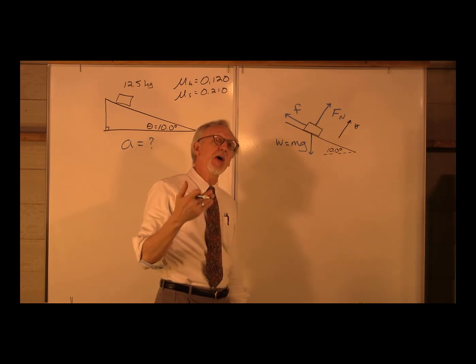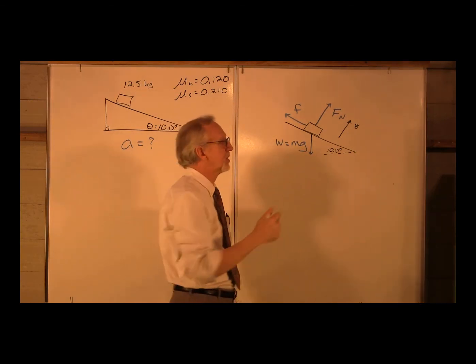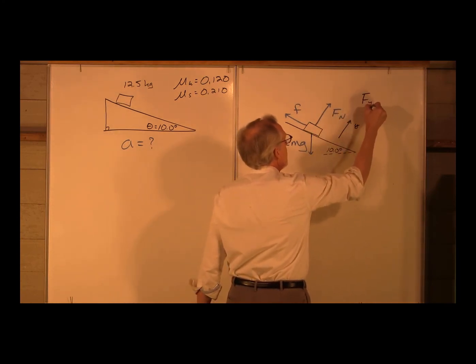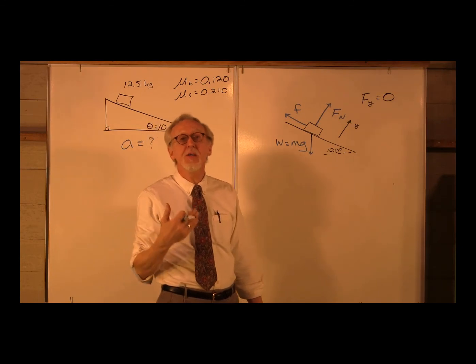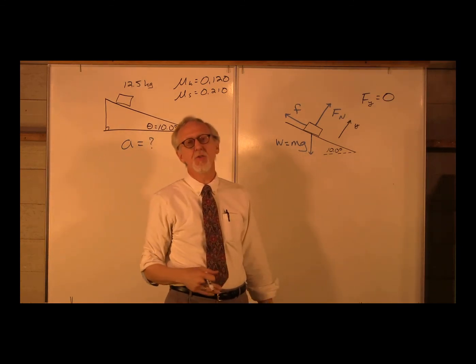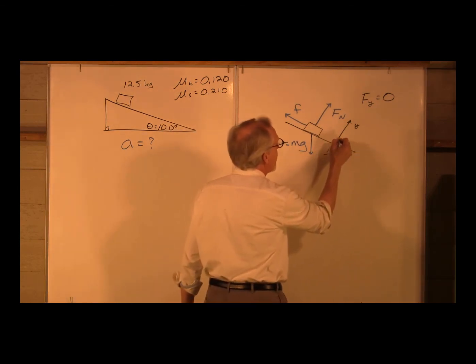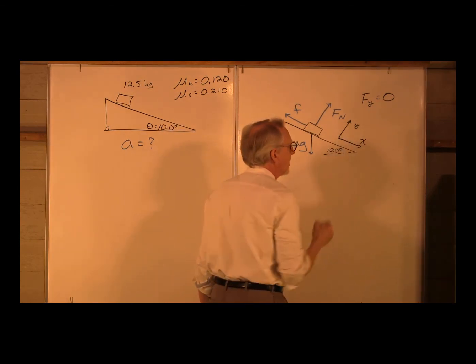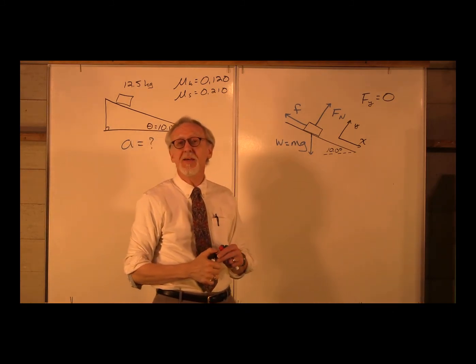That tells us at least we know we have a static problem in the y direction. We must have the net force in the y direction equal to 0 because we know the acceleration in the y direction has to be 0. So along with that, we will define our x-axis perpendicular to that. And because if we have any motion at all, we know it will be down the incline.